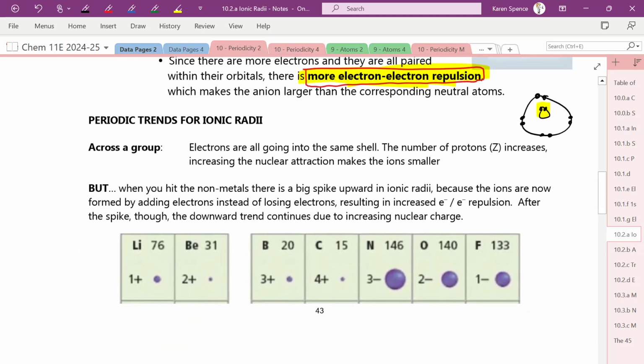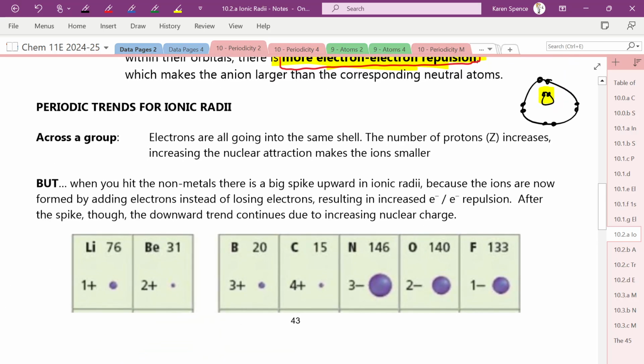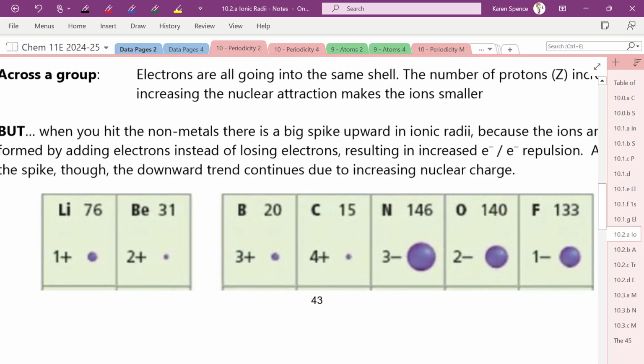Okay, so our overall trends: basically, your positive ions get smaller across, and your negative ions get smaller across. Why is that?